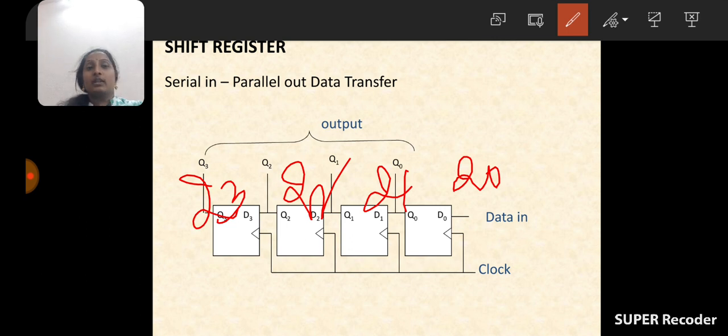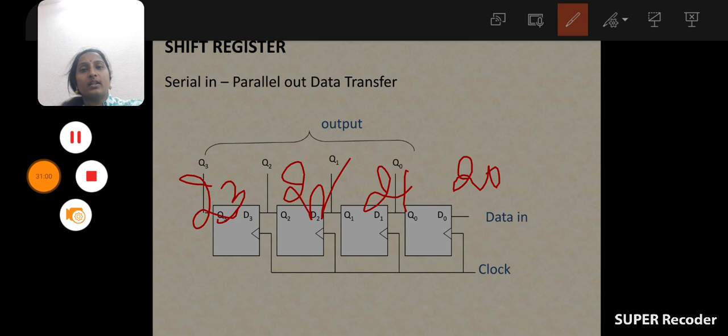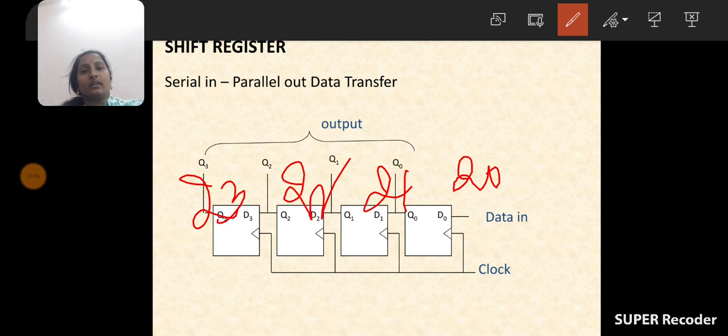So how many clock pulses are required to shift the data? In total, 4 clock pulses. If we want to take the data outside, how many clock pulses are required? Only 4 clock pulses are required.